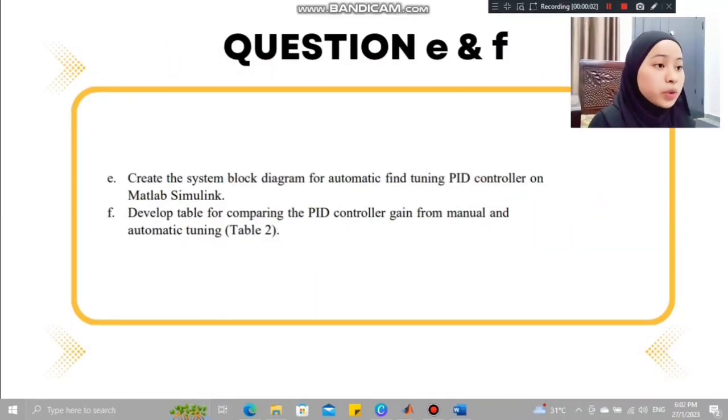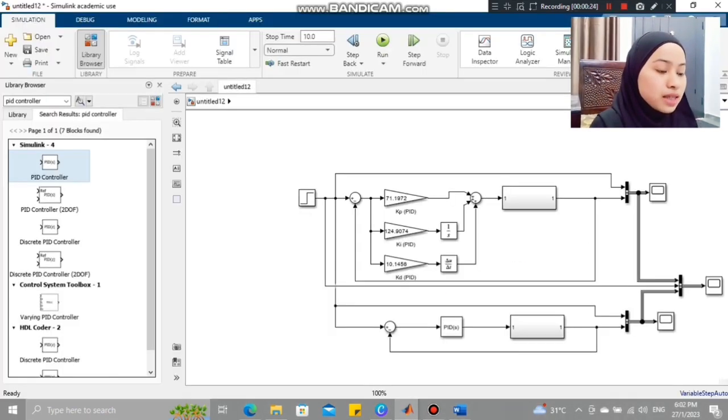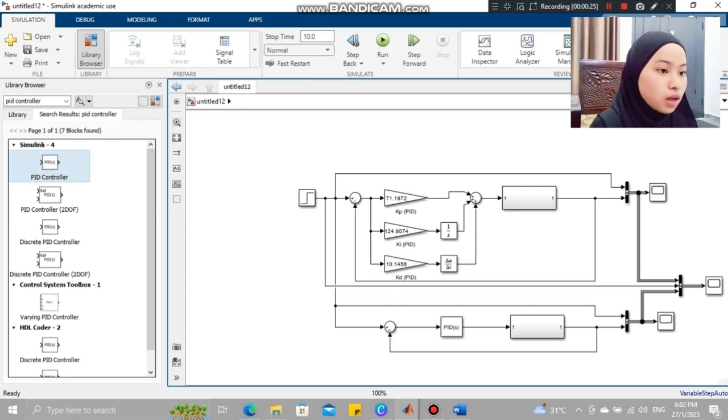Okay, for questions E and F. For question E, create the system block diagram for automatic fine-tuning PID controller on MATLAB Simulink. And F, develop a table for comparing the PID controller gains from manual and automatic tuning. So we go to MATLAB. This is the block diagram for manual and automatic.